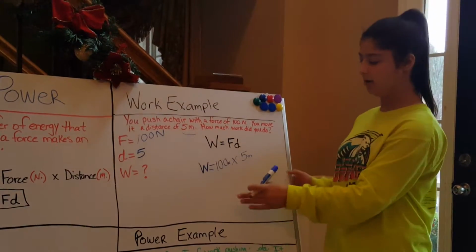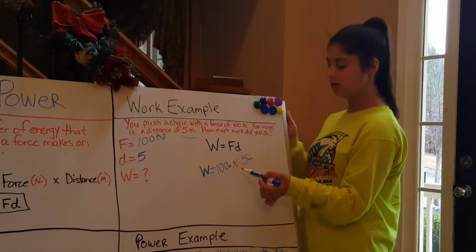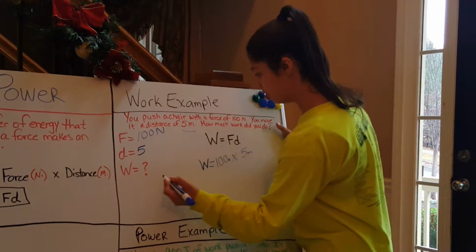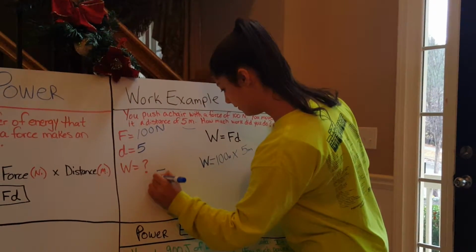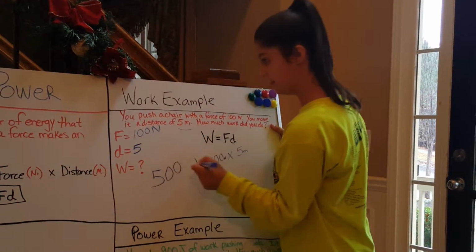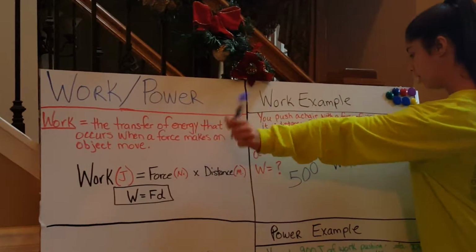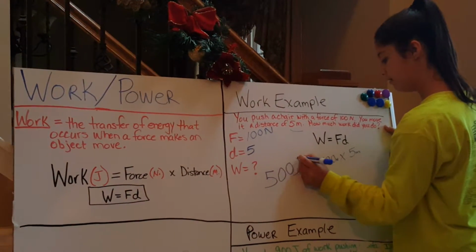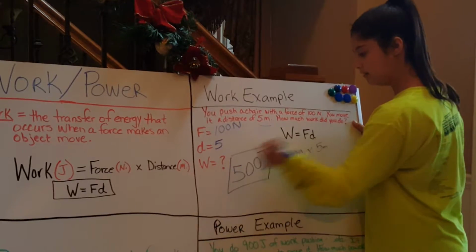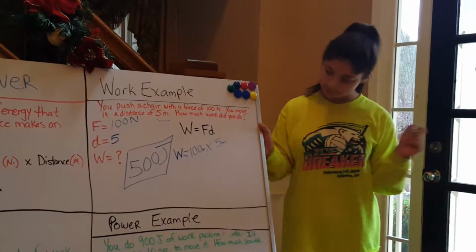And once you've done that, you're going to calculate that. When you plug that into your calculator or do it on your paper, you're going to get 500. And since we are talking about work, you're going to put the J for joules. And that is going to be your final answer.